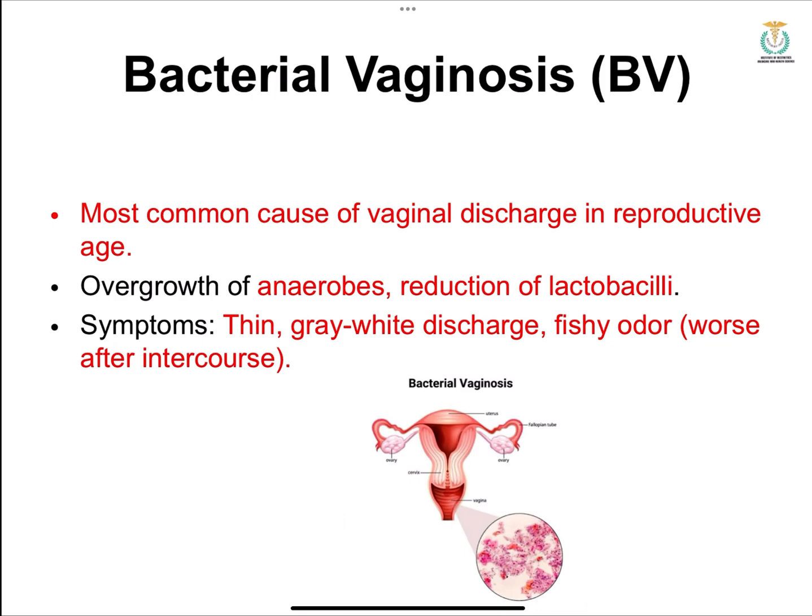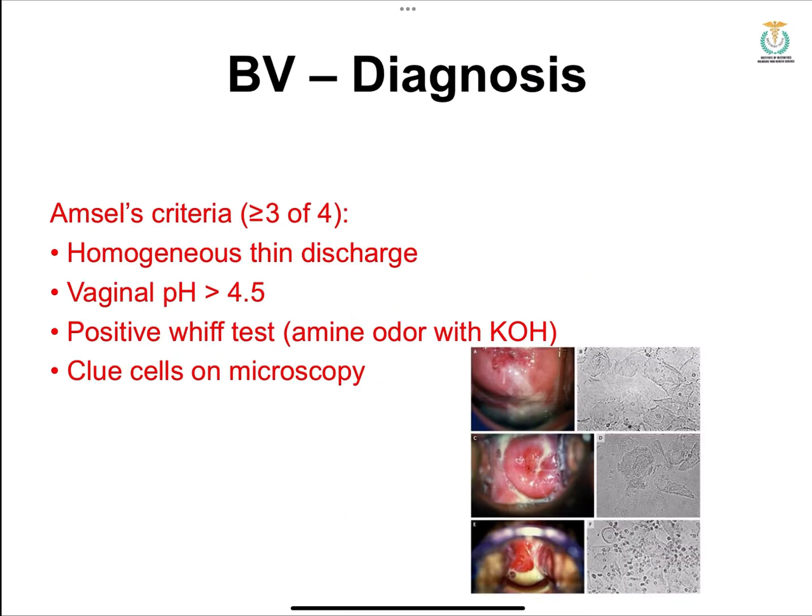That can cause bacterial vaginosis. The symptoms are a thin gray-white discharge and a fishy odor which is worse after intercourse. These are the main important symptoms you can see from the patient side. So this is a brief intro of what bacterial vaginosis is.